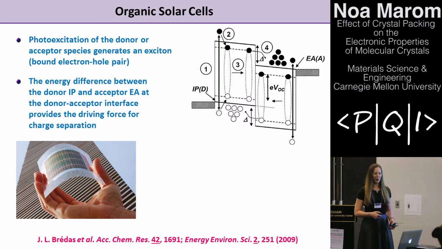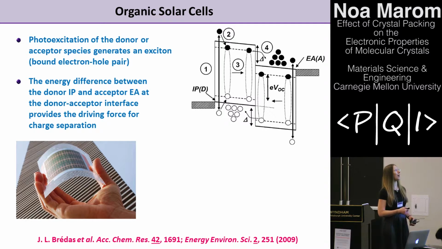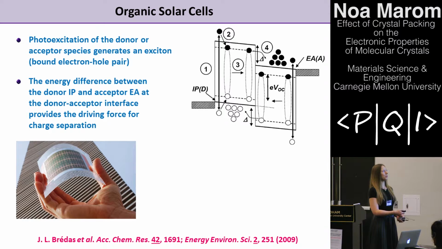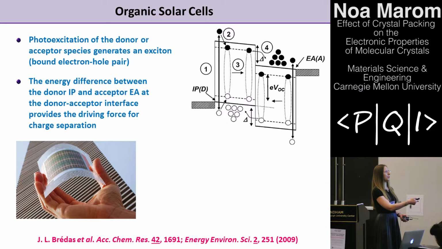So in a typical organic solar cell, you have an acceptor species and a donor species, and each one of them can absorb a photon and generate an electron-hole pair. But to actually have an electrical current, you need to separate these electron-hole pairs, and so it's the energy difference between the electron affinity of the acceptor and the ionization potential of the donor that's responsible for the charge separation.